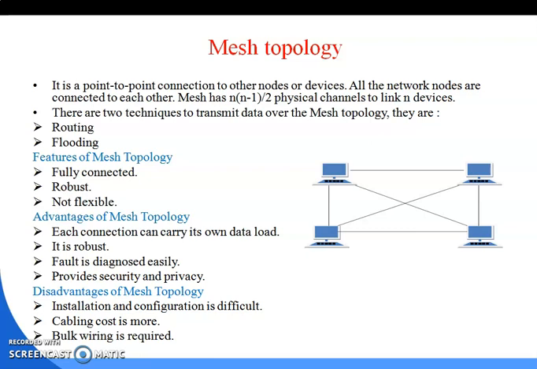Next, not very flexible: the feature is not flexible, and each connection can carry its own data load. This is the advantage of that point. Next, fault is diagnosed easily and it provides security and privacy.